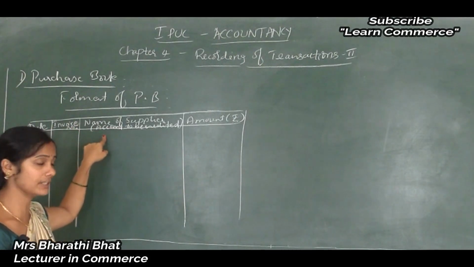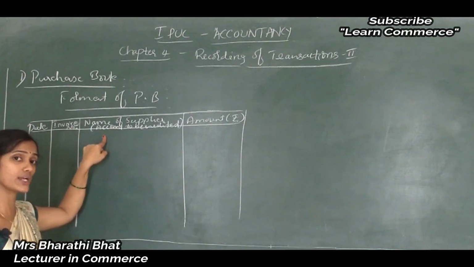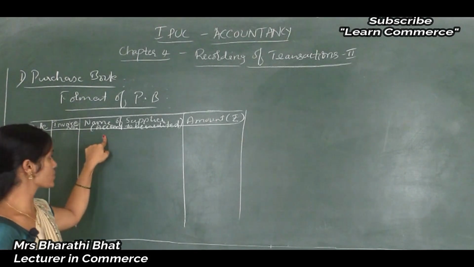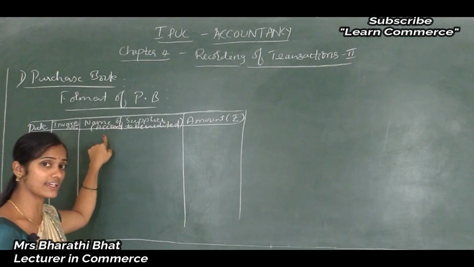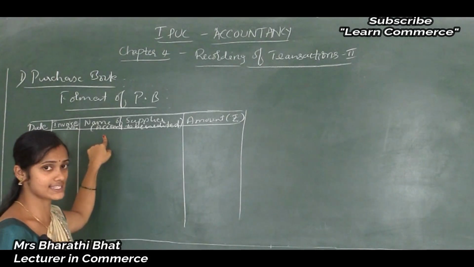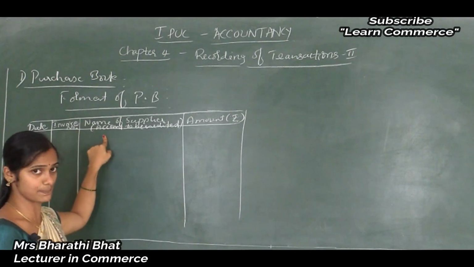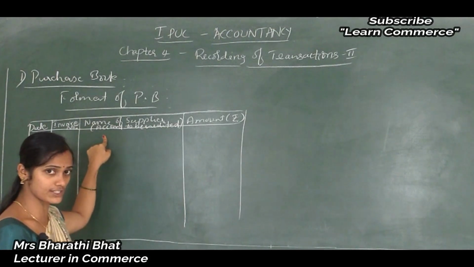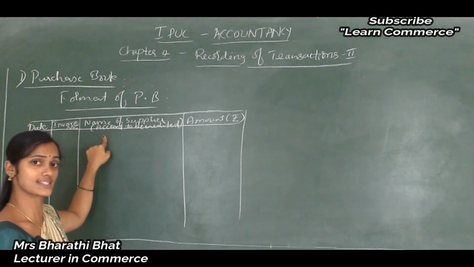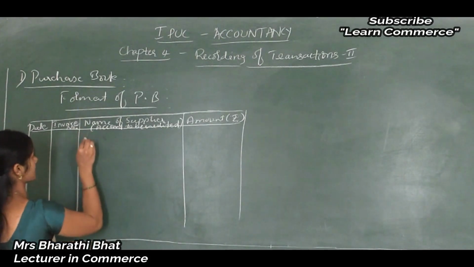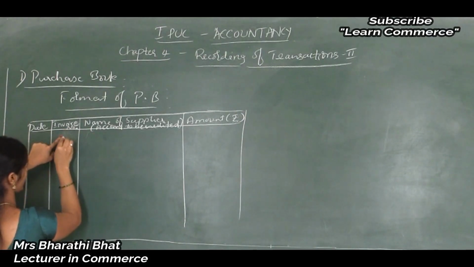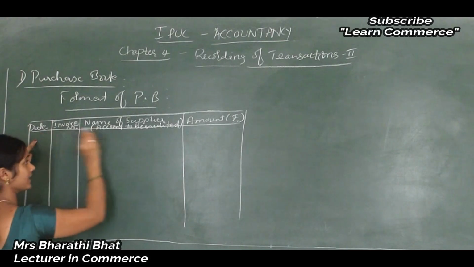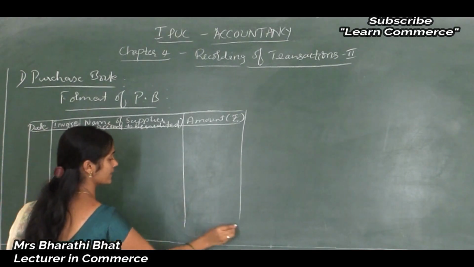Say for example, goods purchased from X. Then who is the supplier here? X is considered as supplier. From X we purchased goods. So just write X, and if invoice number is not given, write 1, mention the date, write the amount, and the next one is totaling.